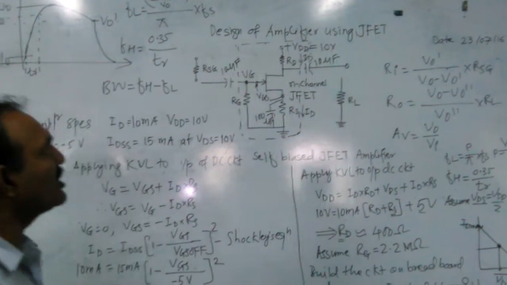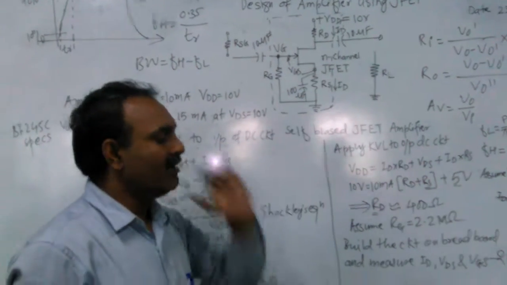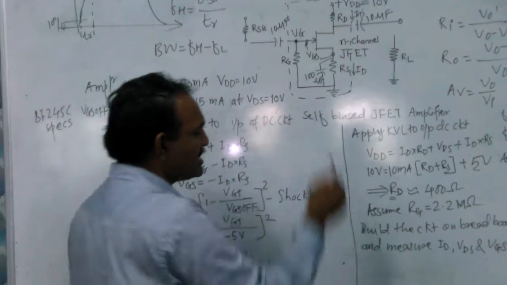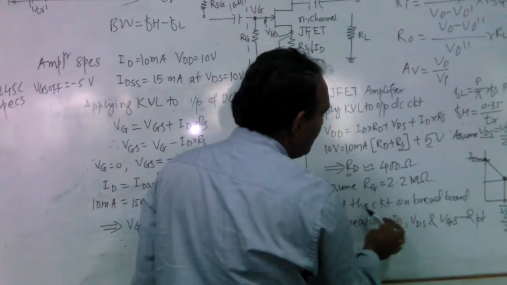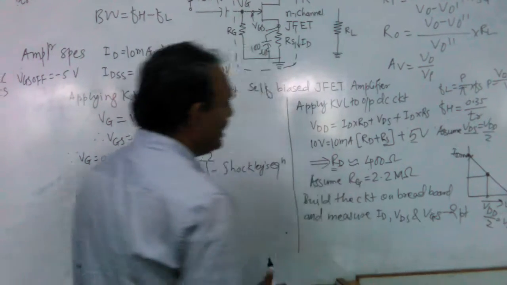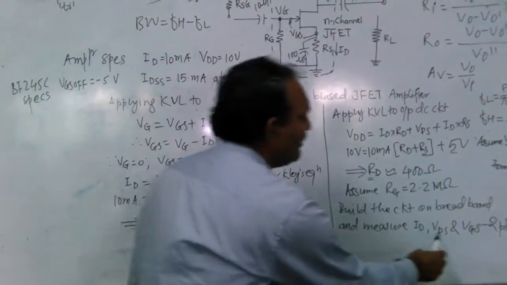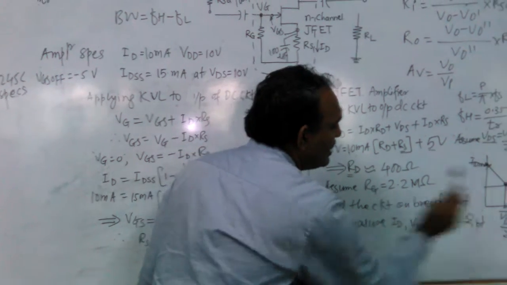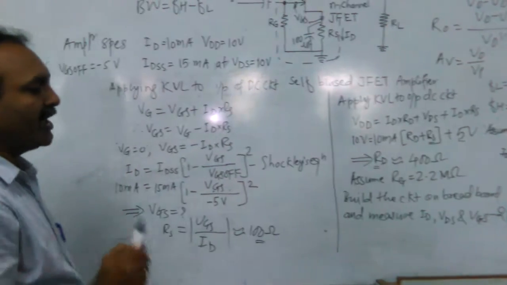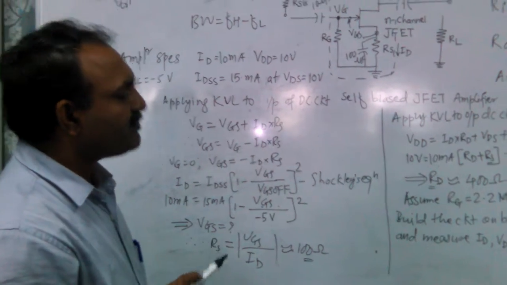This DC circuit should not contain any capacitor. With this DC circuit, you build it on a breadboard and measure the values of ID, VDS and VGS to find the Q point.